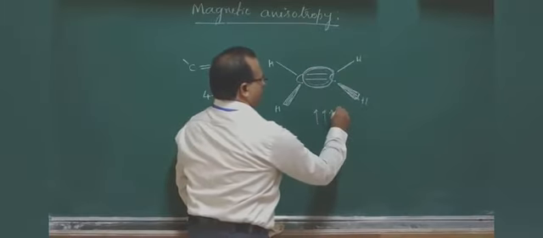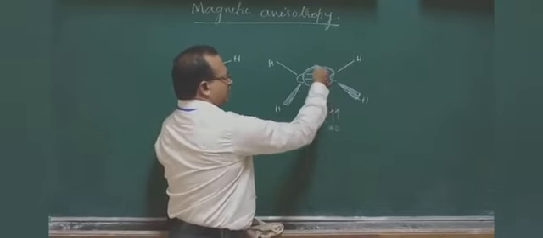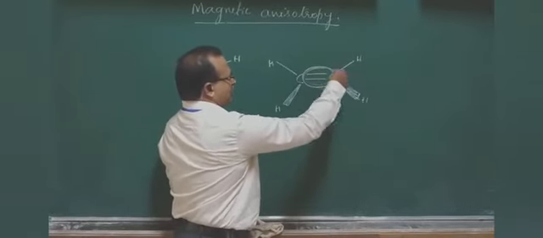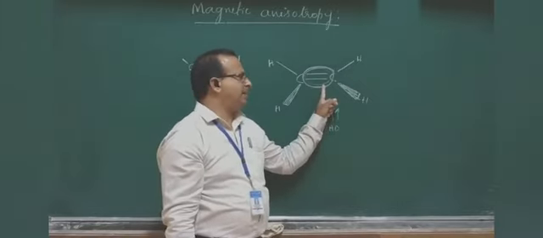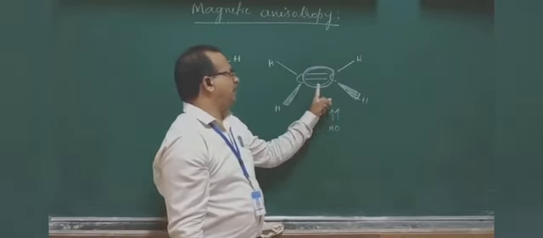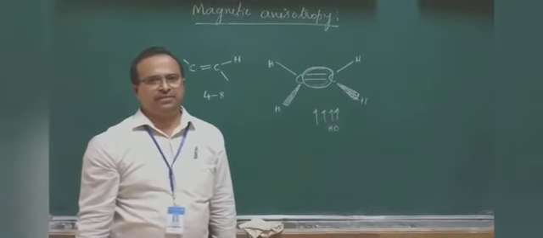This is the direction of the applied magnetic field, and the pi electrons are induced to circulate at right angles to the direction of the applied magnetic field, and they induce a secondary magnetic field.